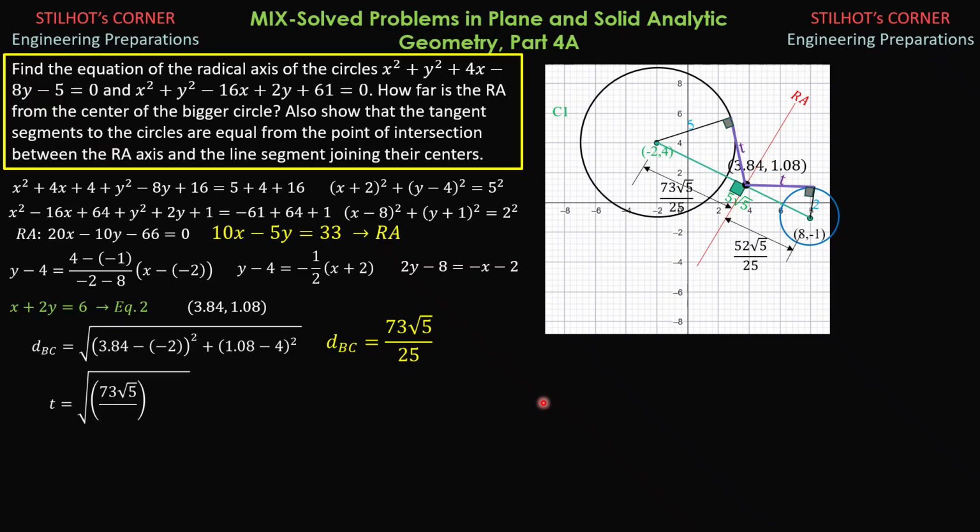So t is the square root of (73 square root of 5 over 25) squared minus 5 squared, and that is equal to 4.199 units. Likewise, t is also the square root of (52 square root of 5 over 25) squared minus 2 squared, the radius of the smaller circle. And t is in fact 4.199. So that's it for this video.